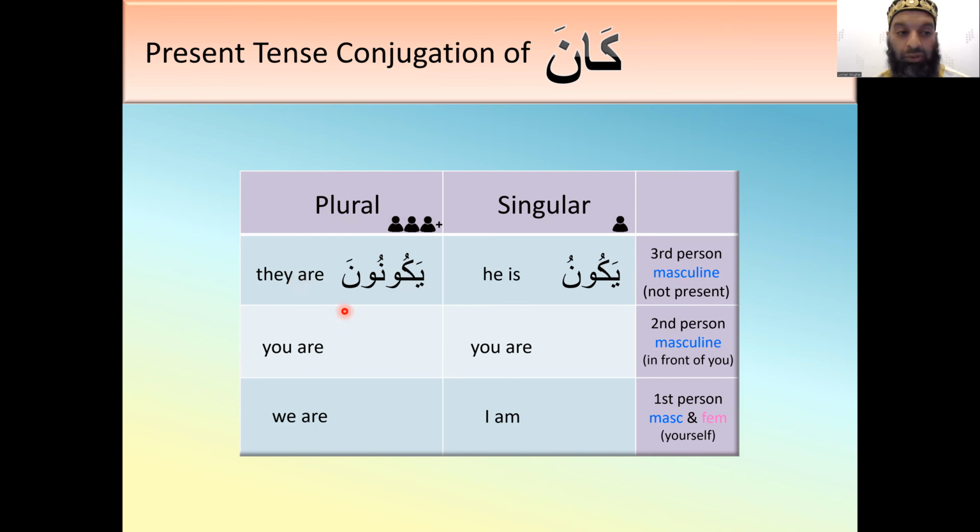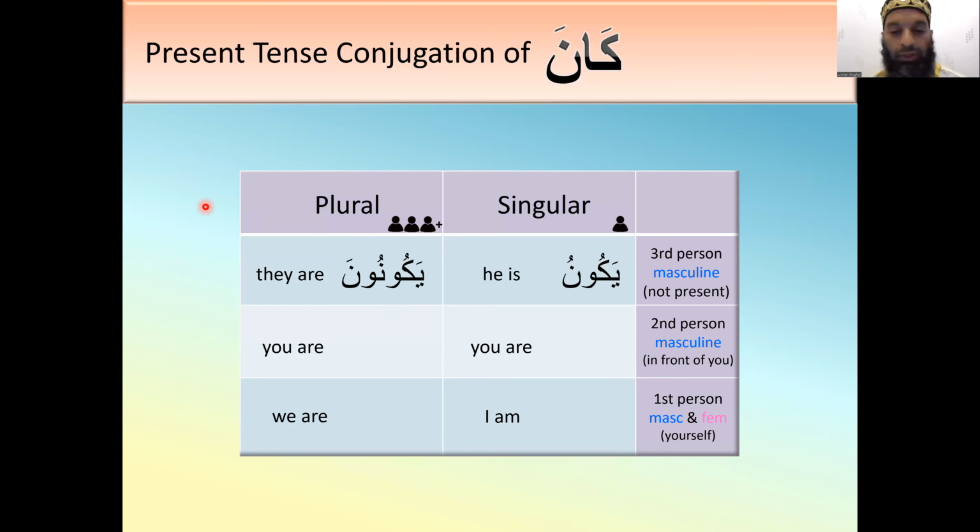Let's go on to the next one. What's going to go here? You've got the pattern now. Good. The one we say in Arabic is takunu. The noon has a dhamma on the end.